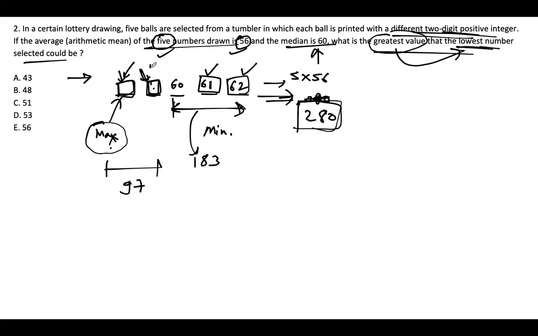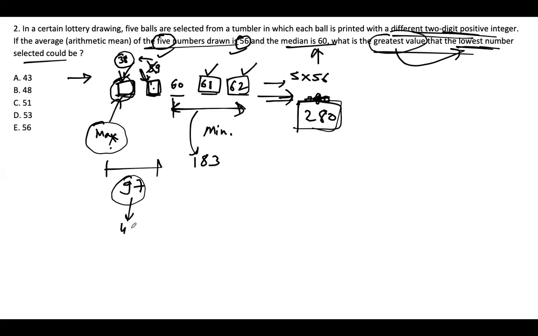If you are saying this is 59, for example, and this is 60, then what is this value? 38. Okay. But the values given here are 43, 48. That means this number could be minimized. So in this scenario, if you are dividing this 97 into 2 equal parts, this is getting a bigger value.